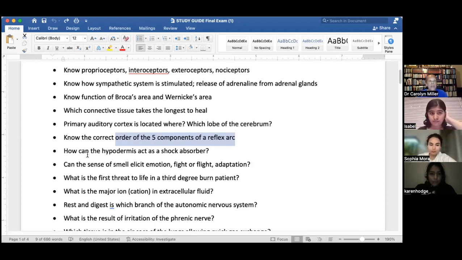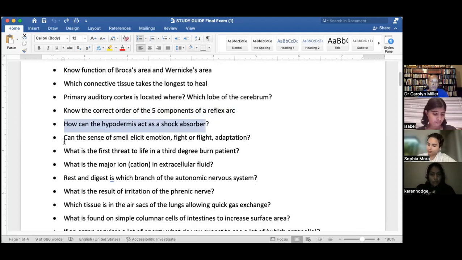How can the hypodermis act as a shock absorber? Because it is mostly adipose tissue. Can the sense of smell elicit emotion, fight or flight, adaptation? Absolutely. Emotion, sometimes when we smell certain foods, we get excited, pleasant. Fight or flight.